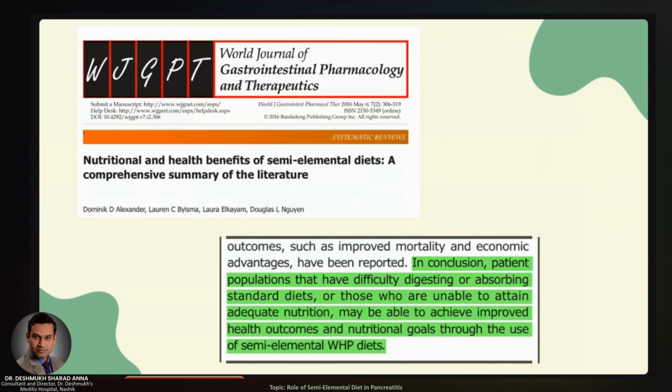In conclusion, patient populations that have difficulty digesting and absorbing standard diets, or those who are unable to attain adequate nutrition, may be able to achieve improved health outcome and nutritional goals through the use of semi-elemental diet.